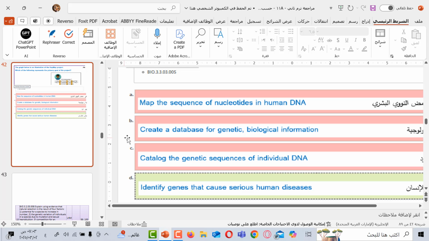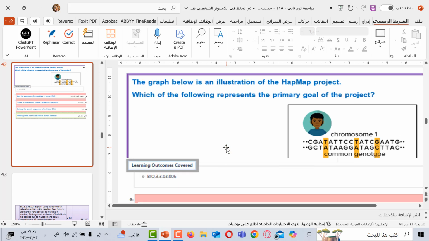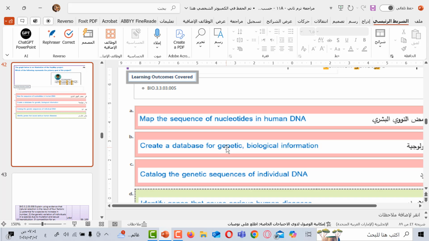No. Create a database for genetic biological information? No. Catalog the genetic sequences of individual DNA? No. Identify genes that cause serious human disease? Yes. This is the primary goal of the HapMap project.